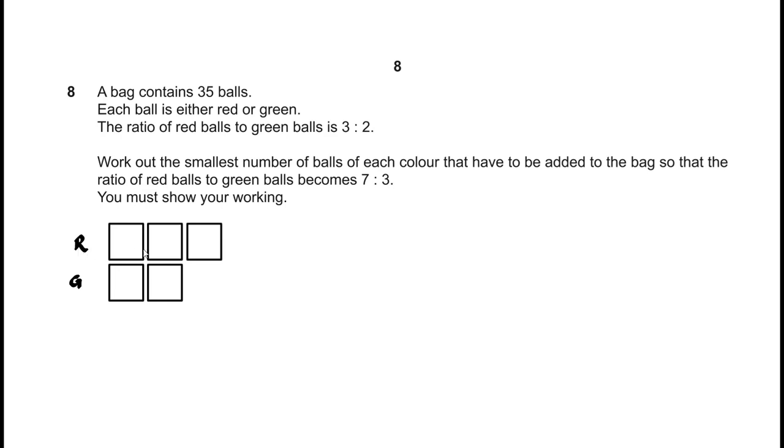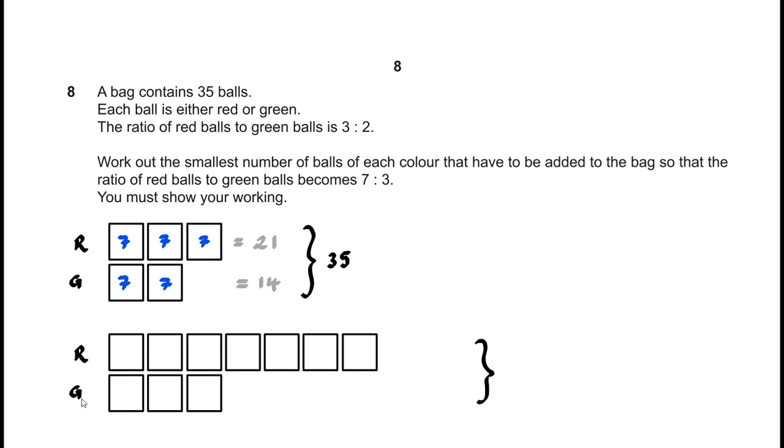We've got this ratio of red to green being 3:2, and in total we know we have 35. Now because we've got 5 parts, 35 divided by 5 is 7, so each part is worth 7, which means for red we've got 21, and for green we've got 14.